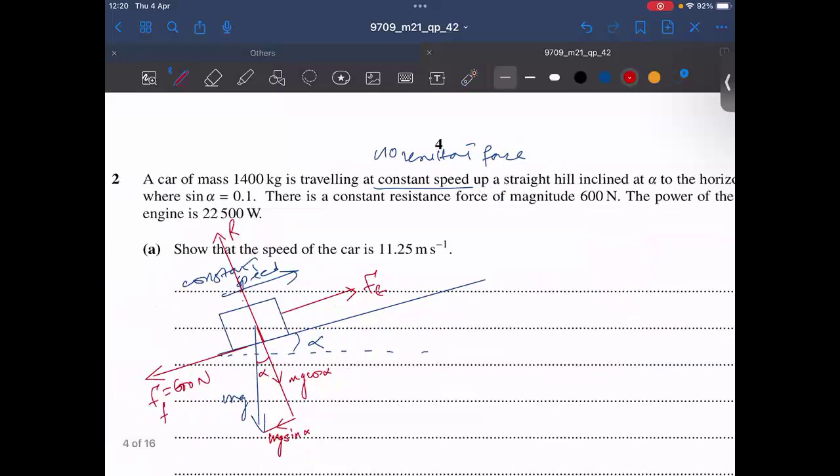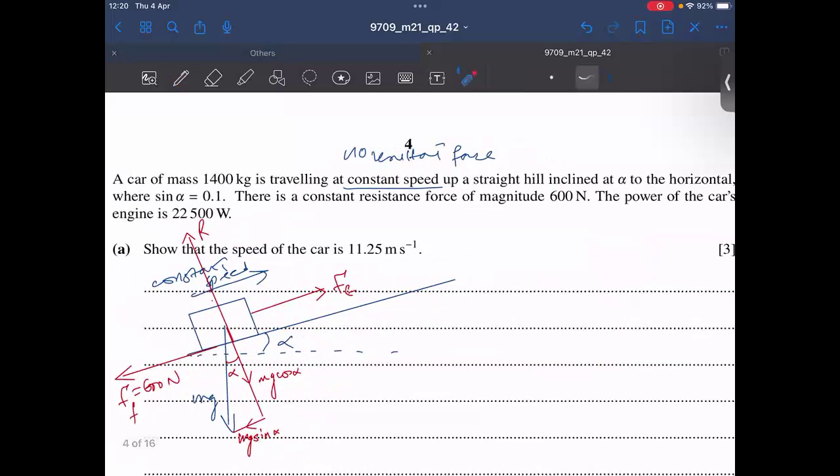Now I'm going to apply Newton's second law, Mustafa, parallel to the plane, not perpendicular to the plane. I'm taking up the plane as positive and down the plane as negative.